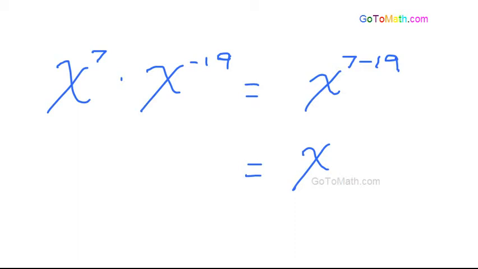So we got negative 12. And of course, we want to write with positive exponents, so this becomes 1 over x to the 12th power.